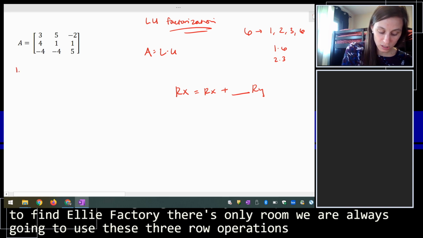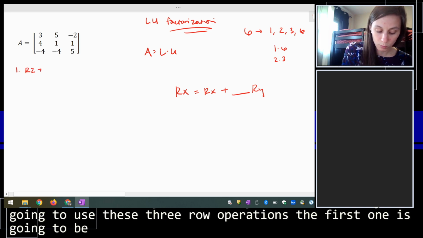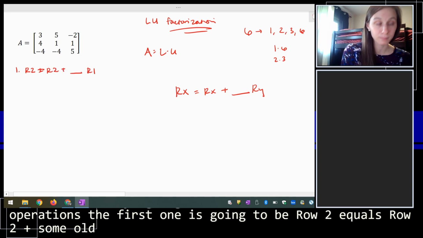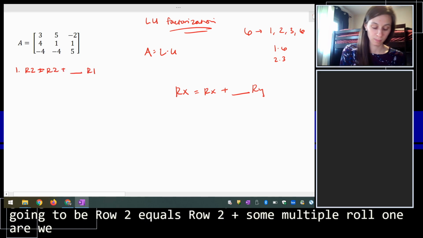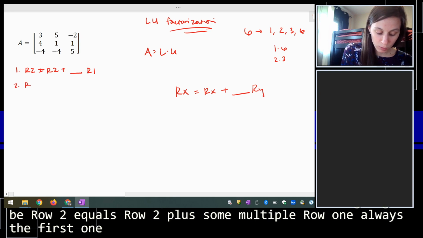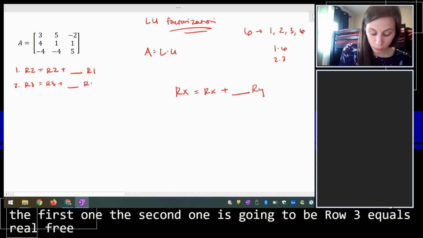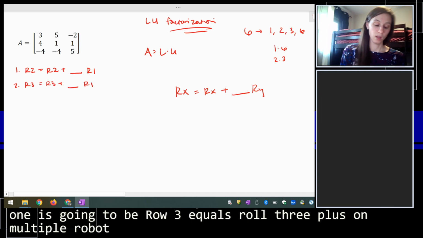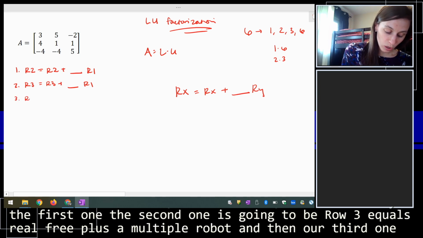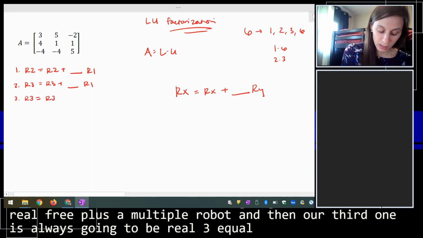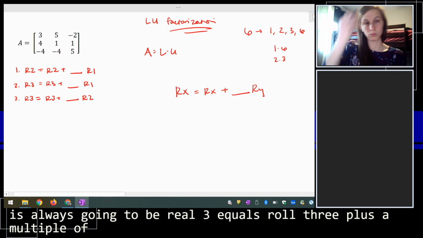The first one is going to be row 2 equals row 2 plus some multiple of row 1. It's always the first one. The second one is going to be row 3 equals row 3 plus some multiple of row 1. And then our third one is always going to be row 3 equals row 3 plus some multiple of row 2.